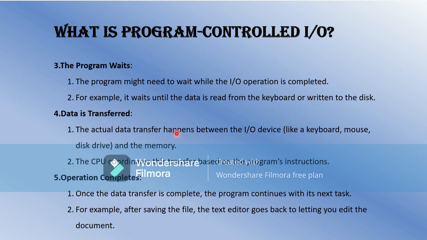The actual data transfer happens between the I/O device like a keyboard, mouse, disk drive and the memory, and the CPU coordinates this transfer based on the program instructions. And the next one is operation completes. Once the data transfer is complete, the program continues with its next task. For example, after saving the file, the text editor goes back to letting you edit the document.